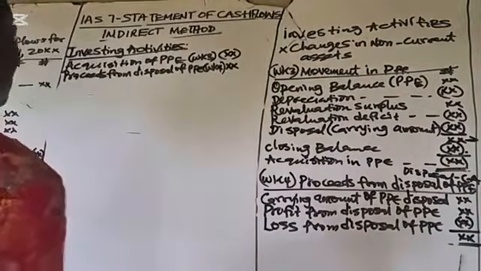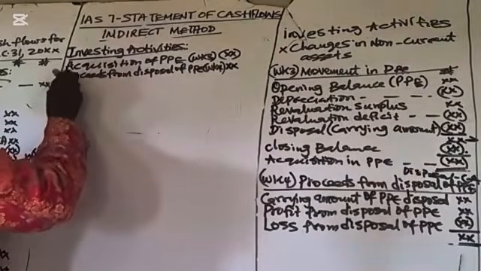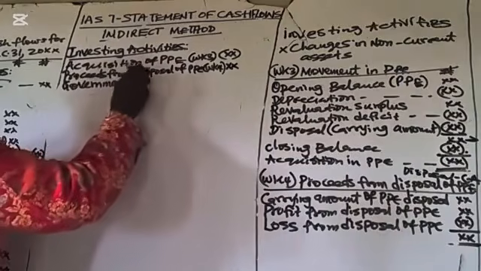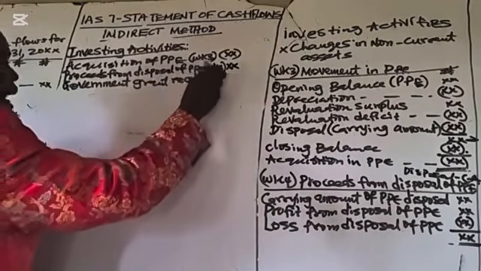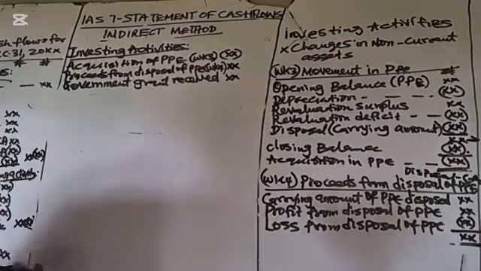Now, government grant received during the year. Grant received is an inflow.